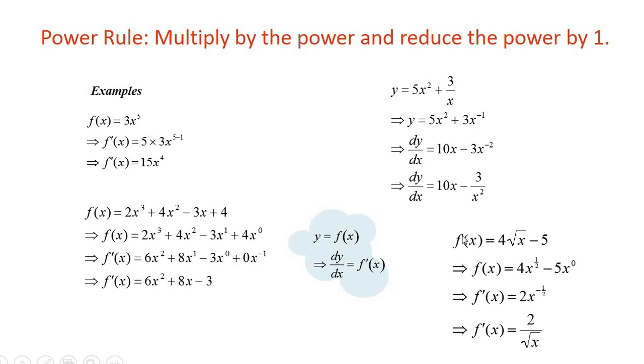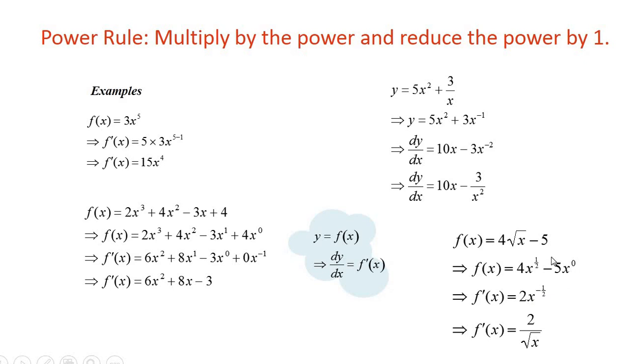If you are given f of x equals 4 square root of x minus 5, you need to recall that a square root is the same as raising to the power half, laws of indices. Then you drop the power, so it will be 4 times half, which gives you 2, and half minus 1 gives you minus half.